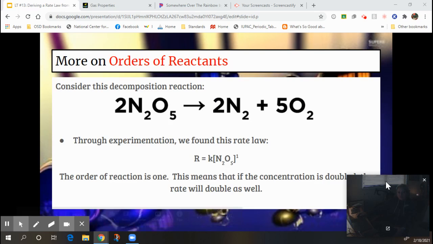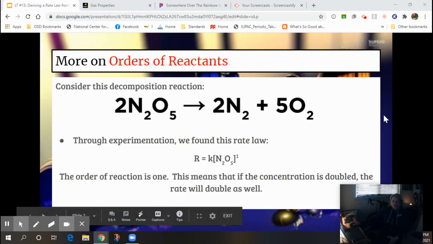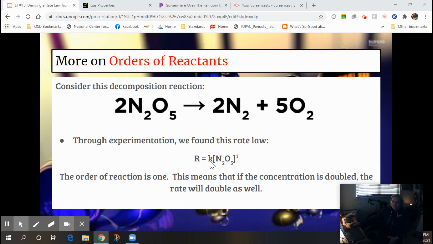So here's some more information on orders of reactants. We're going to derive this rate law together in a moment. Just trust me right now that the rate law for this particular reaction can take on the form of K times the concentration of N2O5 to the first power. If the exponent is 1, this is a reaction of the order 1.